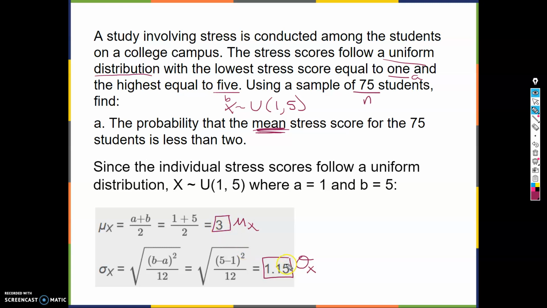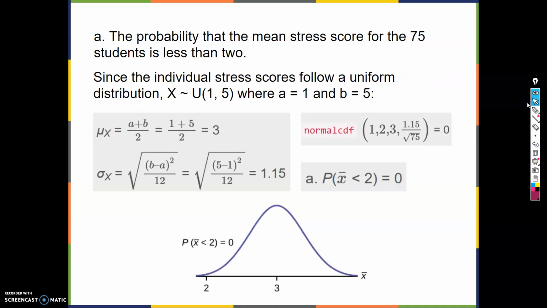Original mean, original standard deviation. Okay, now what are we going to do with this?